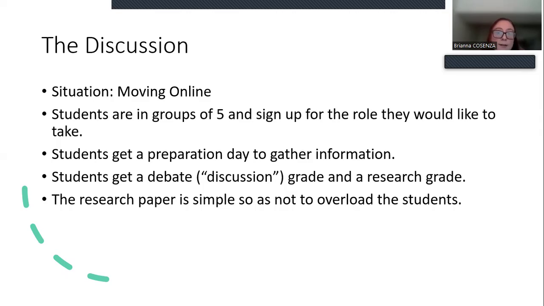They're allowed to sign up for the role that they would like to take. In class, they get a preparation day to gather information. When I grade, they get a grade for the discussion and then a grade for the research. I do give them a research paper, but I keep it simple because I don't want to overload them for their first project of the class.